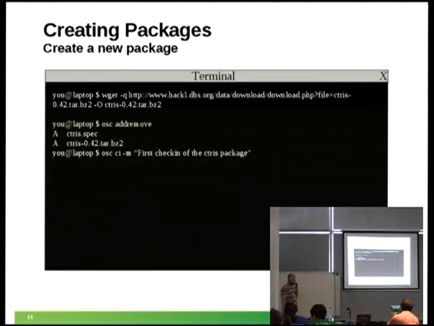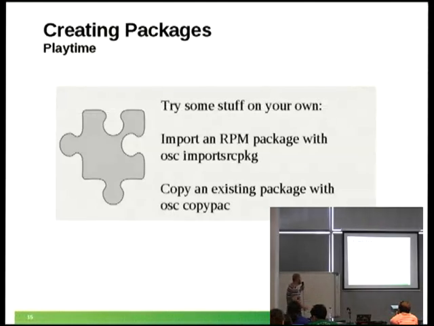So, sounds easy, right? Create a spec file, tarball, everything is there. This is something you can do at home. You can find the slides on openbuildservice.org, and you can do that stuff on your own. For instance, you don't necessarily have to create a spec file. If you already have a source RPM file from somewhere, then you can import that.